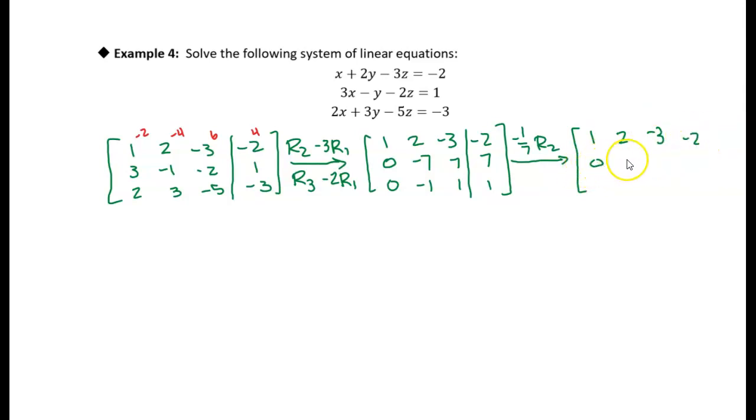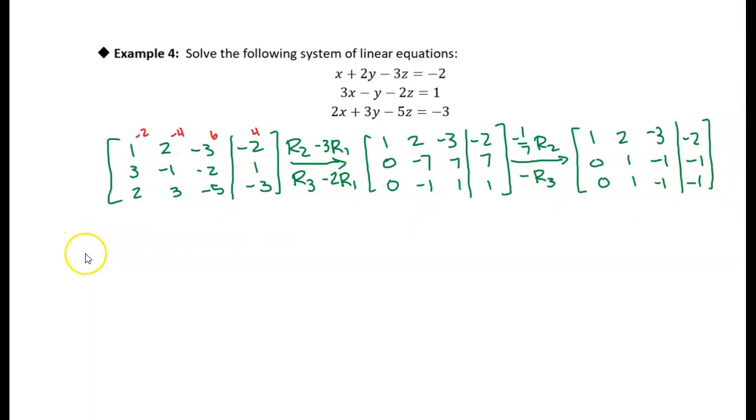And then this becomes 0, 1, negative 1, negative 1, right? Now I'm just going to go ahead and change the sign of the second row. I'm just going to take the opposite sign of row 3. So 0, 1, negative 1, negative 1. All right, you might see something happening there.